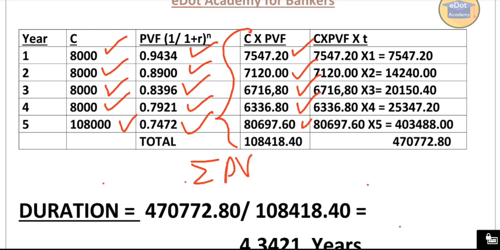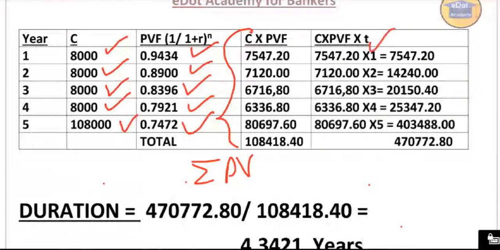Okay, now next step is that we have to multiply whatever value we got here with the respective time period. That means for the first value we multiply with 1, so I got this value. For the second value, because time period was 2 years, I multiply with 2, I got this value.